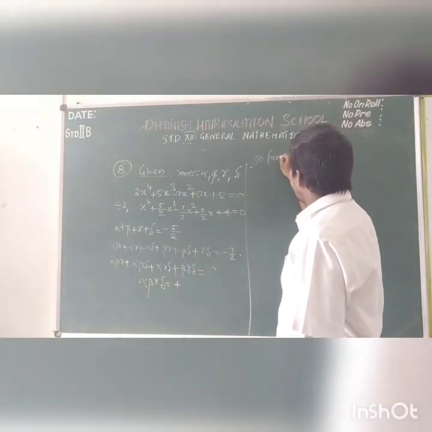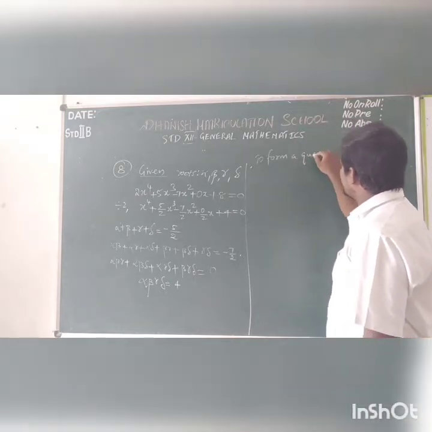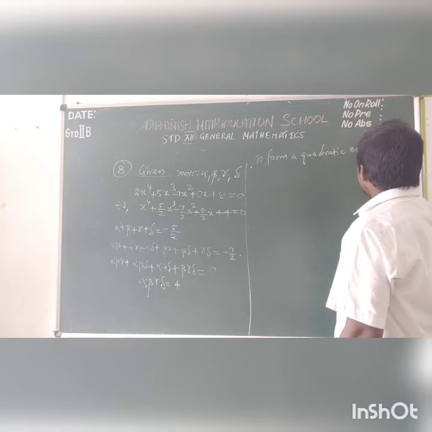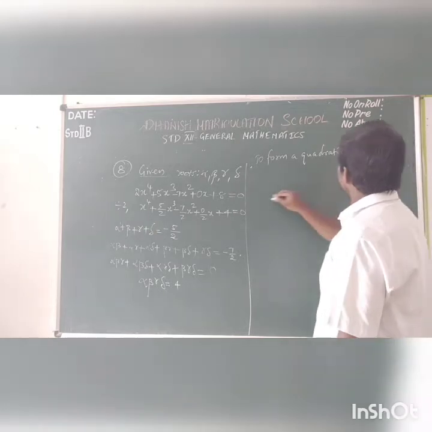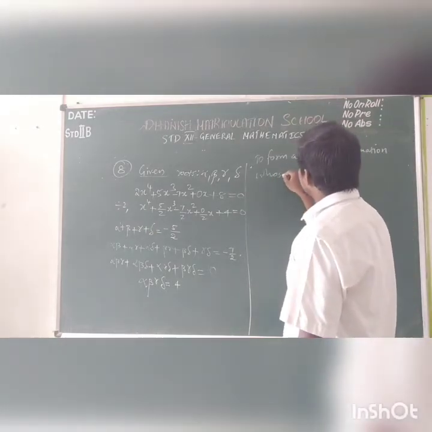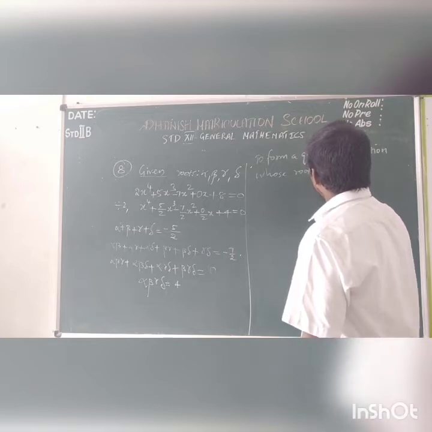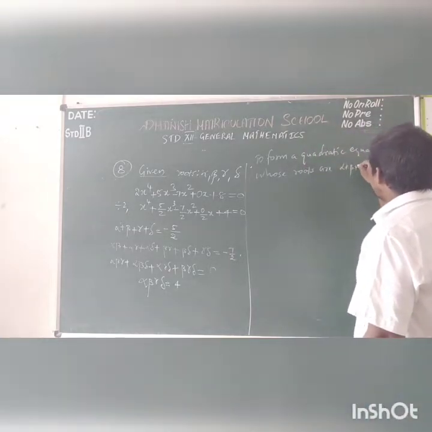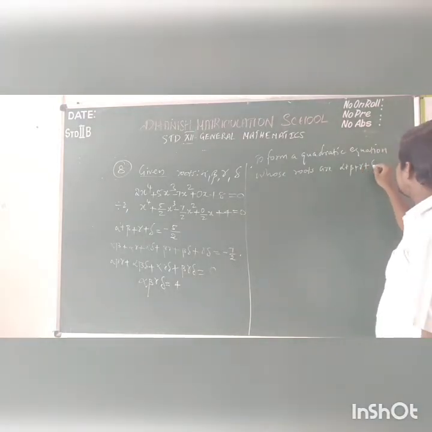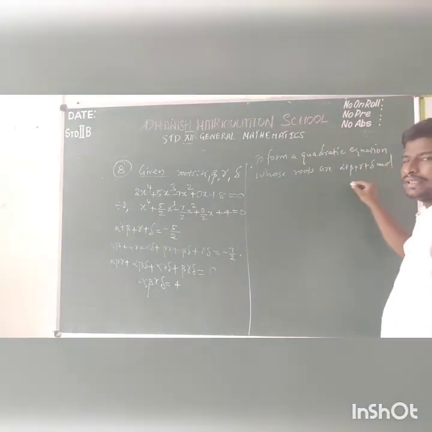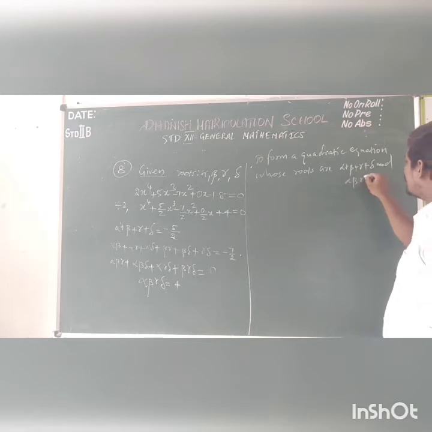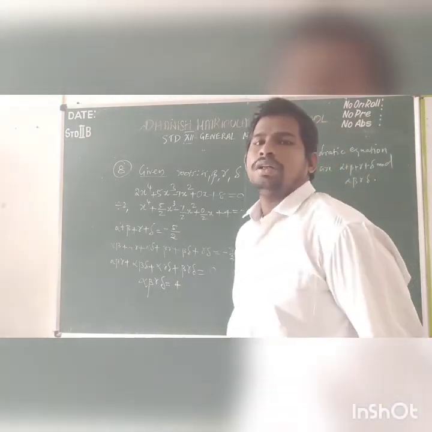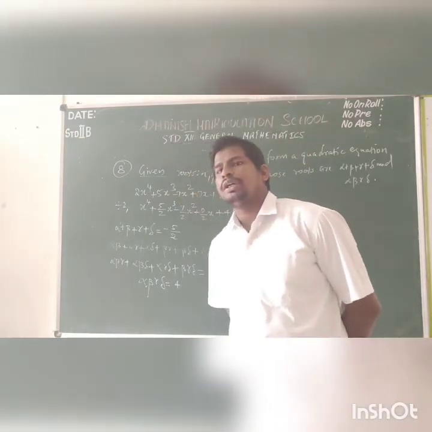Now we are going to form a quadratic equation whose roots are alpha plus beta plus gamma plus delta and alpha beta gamma delta. In order to find a quadratic equation, we should know the general form.